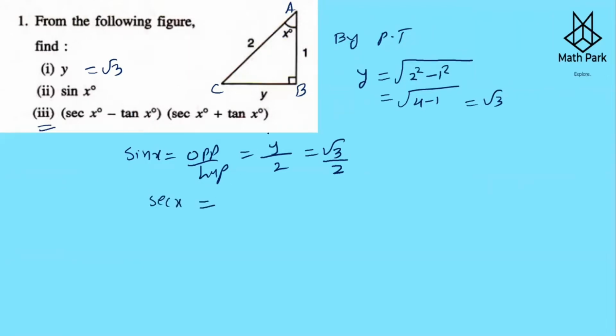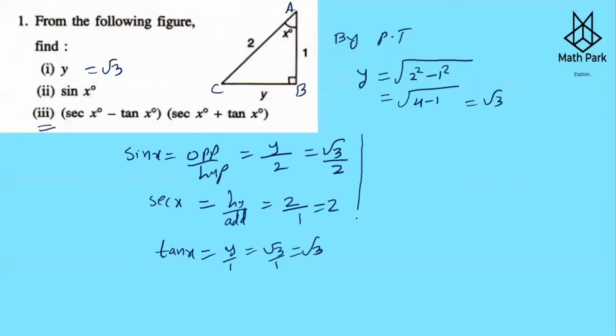Sec is hypotenuse upon adjacent, so it is 2 upon 1, which is 2. The value of sec x is 2. Then tan x is equal to opposite by adjacent, so it is y upon 1. Y is root 3, and root 3 upon 1 is root 3.